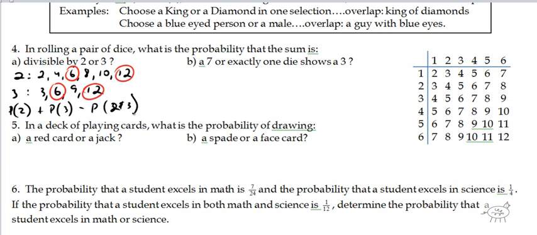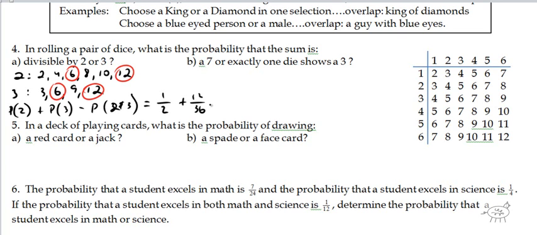That's my overlap. So the probability of getting a 2 is 1/2. The probability of getting a 3, well, 3, 6, 9, 12. So there's 1, 2, 3, 4, 5, 6, 7, 8, 9, 10, 11, 12. Do you guys agree with that? 12 out of 36.